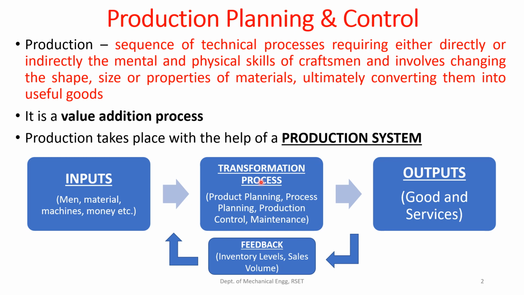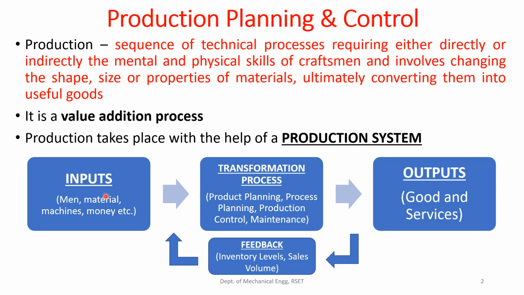Today, we'll be focusing upon the concept of production system. So the production system, as I told earlier, essentially consists of three major elements or components: the inputs, the outputs, and the transformation processes which convert the inputs into outputs.